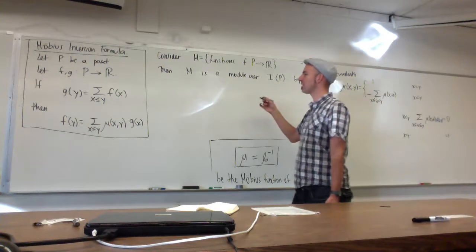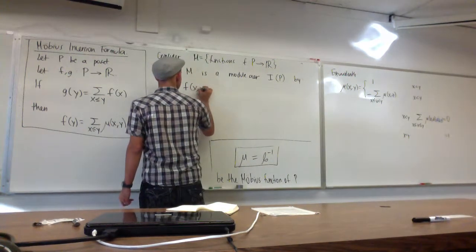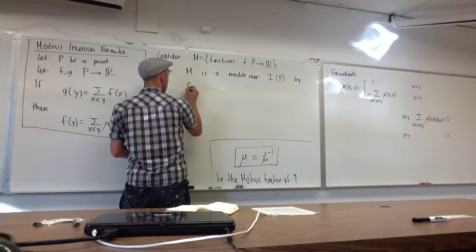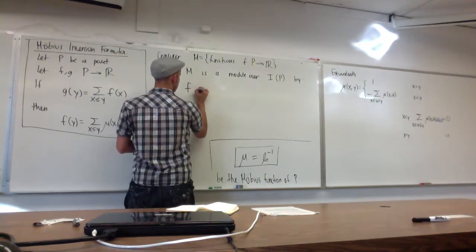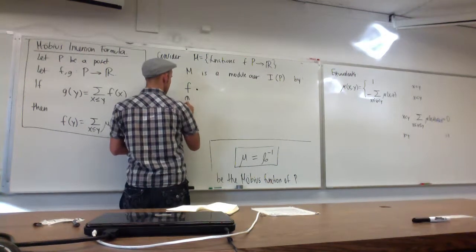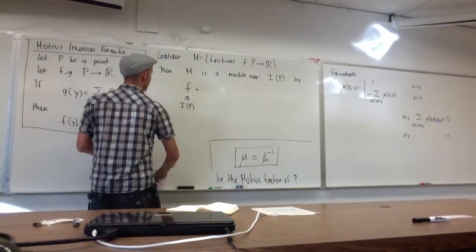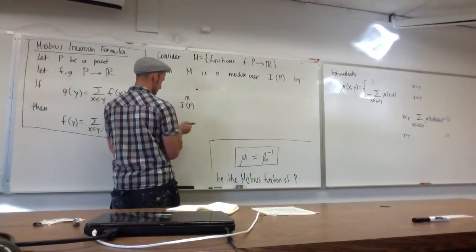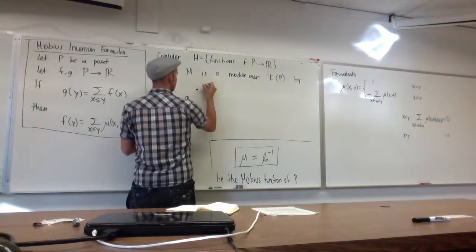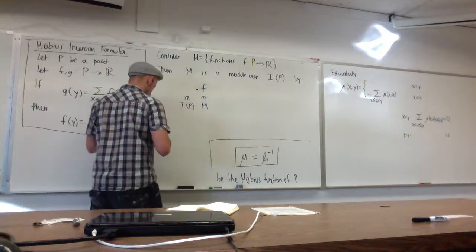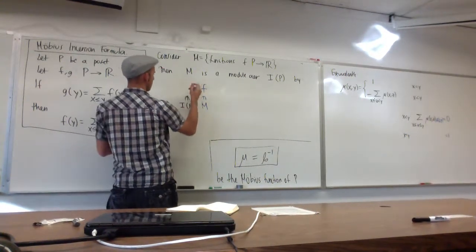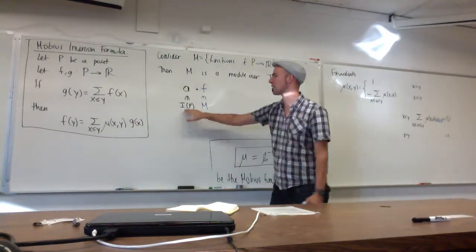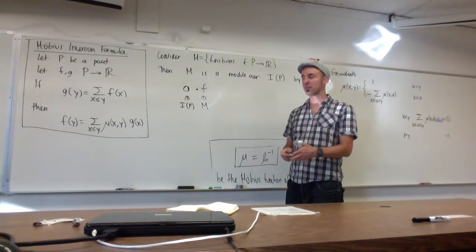So what does it mean? It means that I can take an element of the incidence algebra and make it act on, so I shouldn't call it F, right, because I want to call F the thing in M. Okay, so I don't know, let's call this A. Okay, so A is in the incidence algebra, F is in the module, and so what I should get is something in the module.